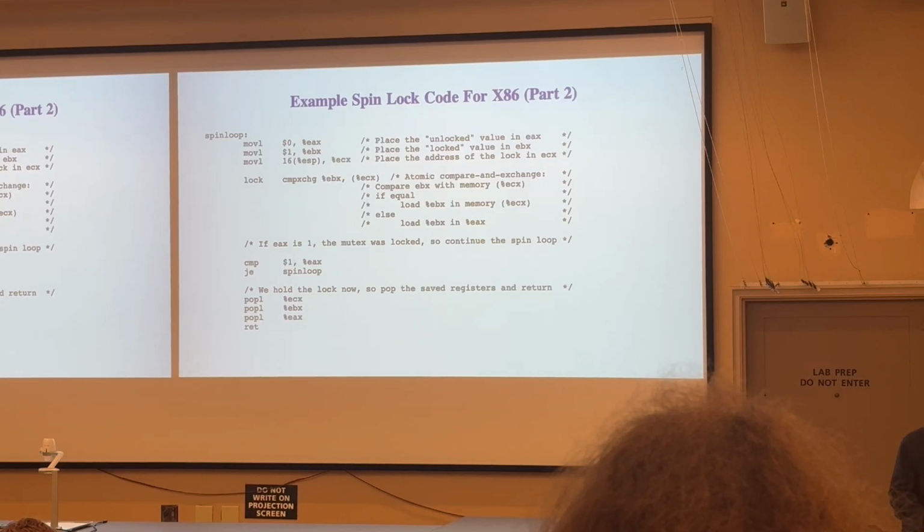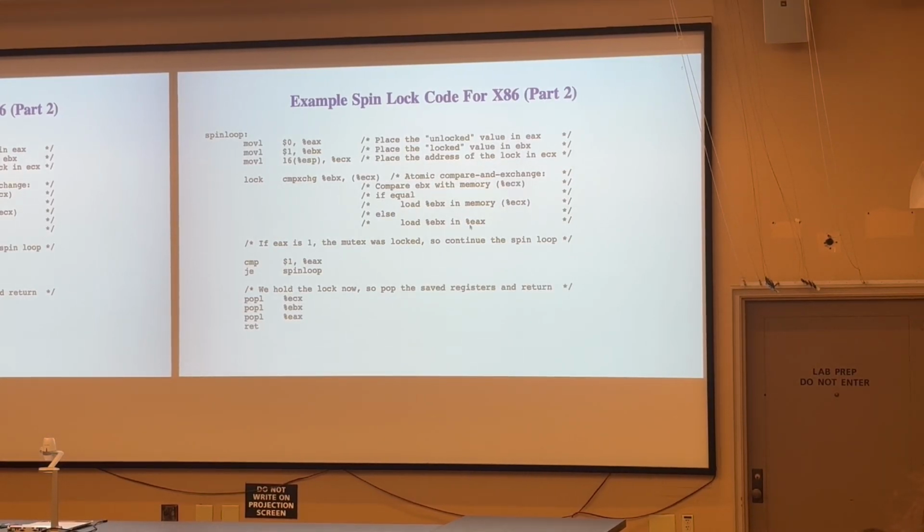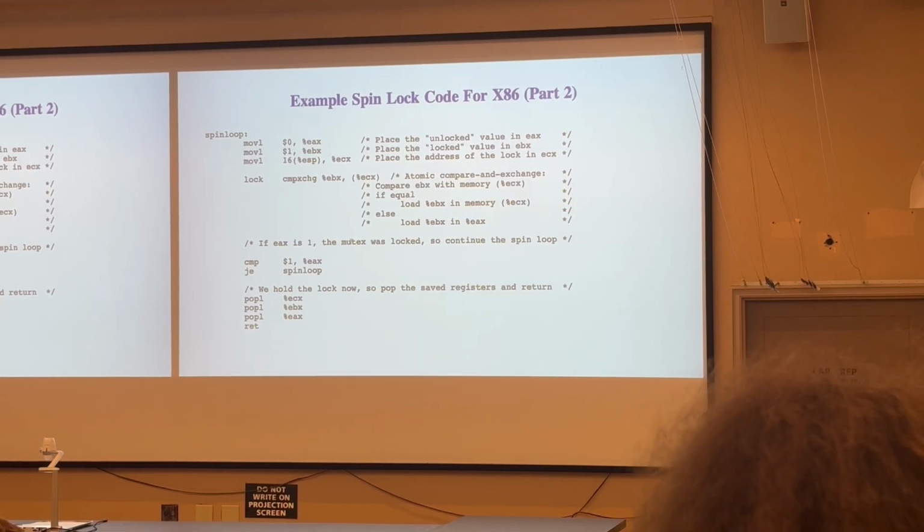If they are equal, you load EBX into the memory location ECX. Else, you load it into EAX. Does this make sense? If they are not equal, you load the value into EAX. If EAX is 1, it means that the mutex was locked, so continue the spin loop.